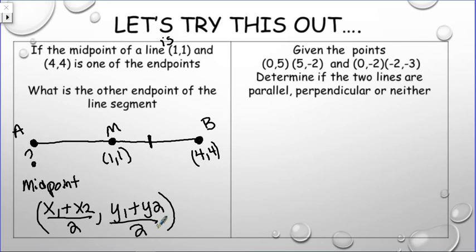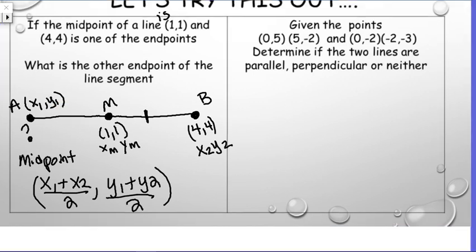That's the formula that I have to get the x coordinate and the y coordinate. So I know that this is my x value for my midpoint and this is my y value for my midpoint. Here I'm going to call this x2 and y2, and the point that I'm trying to find, we're going to call x1 and y1. Okay? So I'm going to get the x parts first.